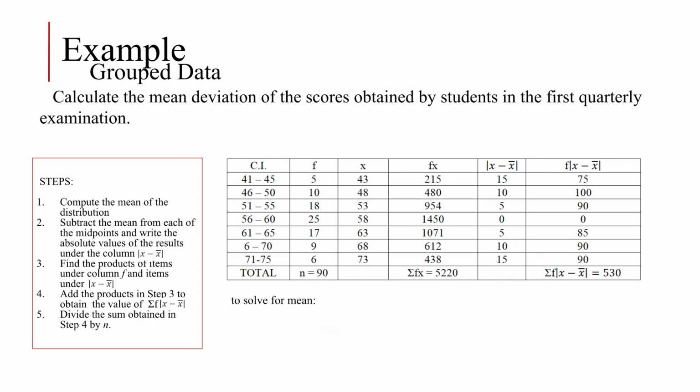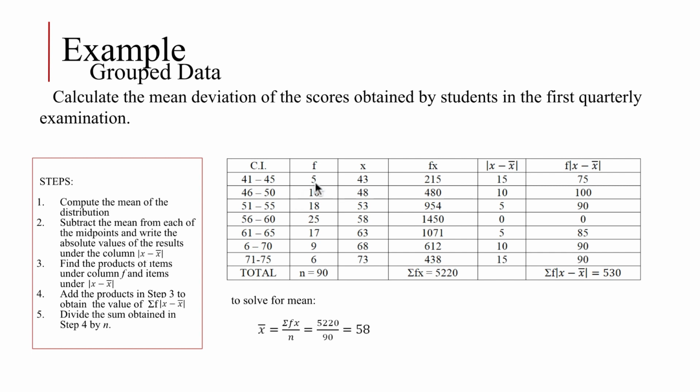But to give you a glimpse, to solve for the mean, you will have summation of fx divided by n. First, you will add all the values of f, that is n is equal to 90. Then, to get the summation of fx, you get the class mark, which is the center of 41 to 45, 46 to 50, and all the other class intervals.